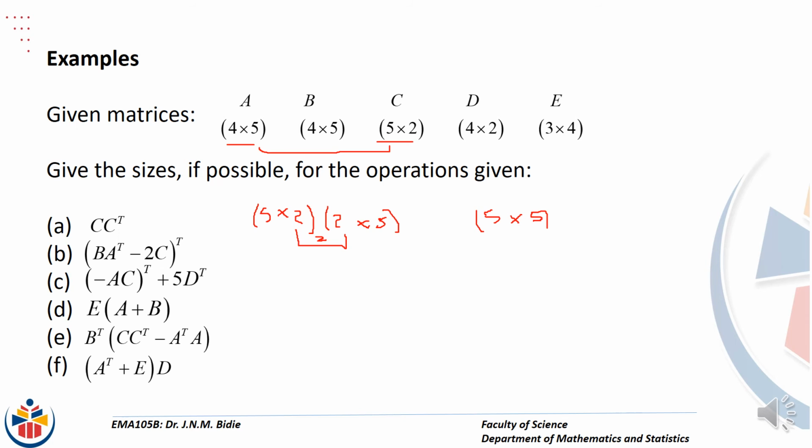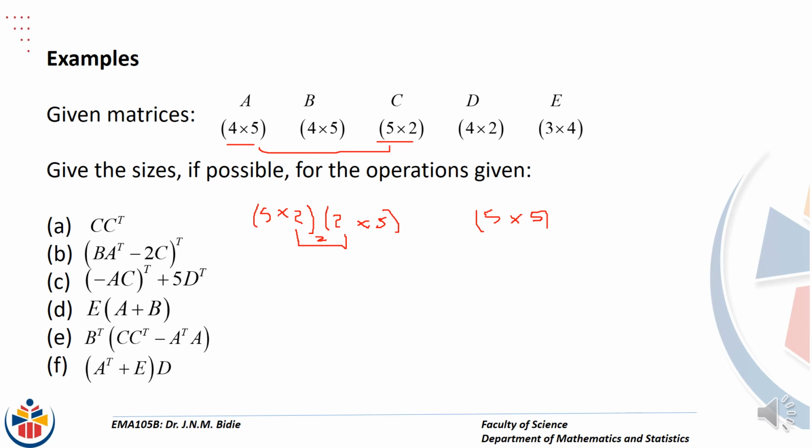But then there is a transpose here. Remember that negative does not change the size of that matrix. So you have a 4 by 2 transpose, so that means we have a 2 by 4 matrix for the first bracket of C. And then you've got a 2 by 4.